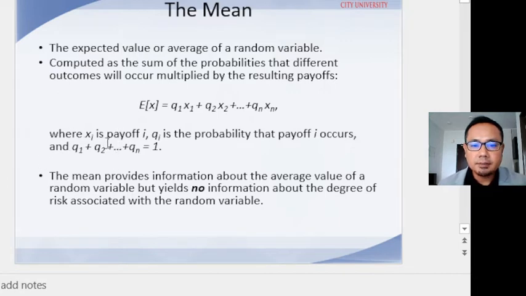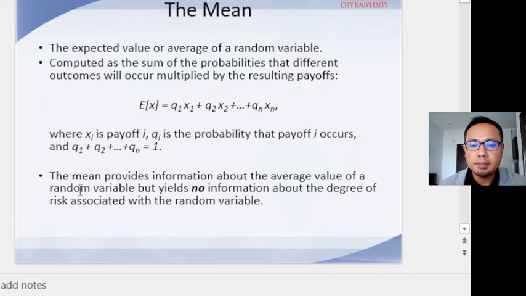So where xi is a payoff if outcome i occurs, and qi is the probability that payoff i occurs, and q1 plus q2 plus and so on until qn equals 1.